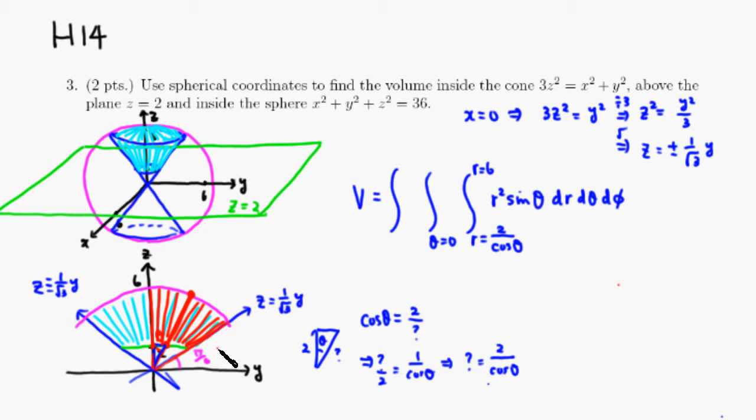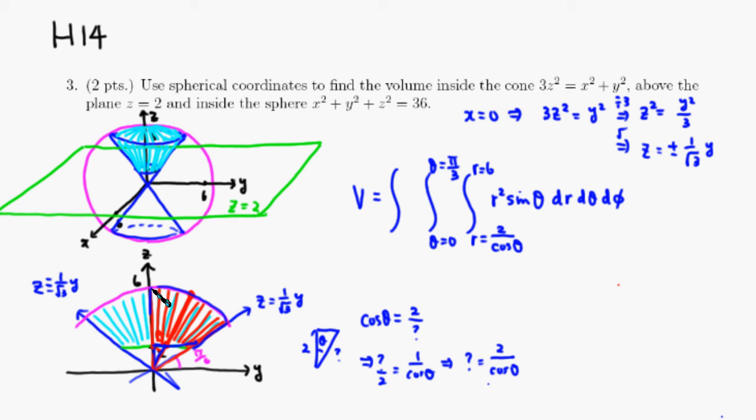The angle here is 30 degrees, so this is 60 degrees, so theta is going to be pi over 3. Once you've done that, that takes care of this region here.